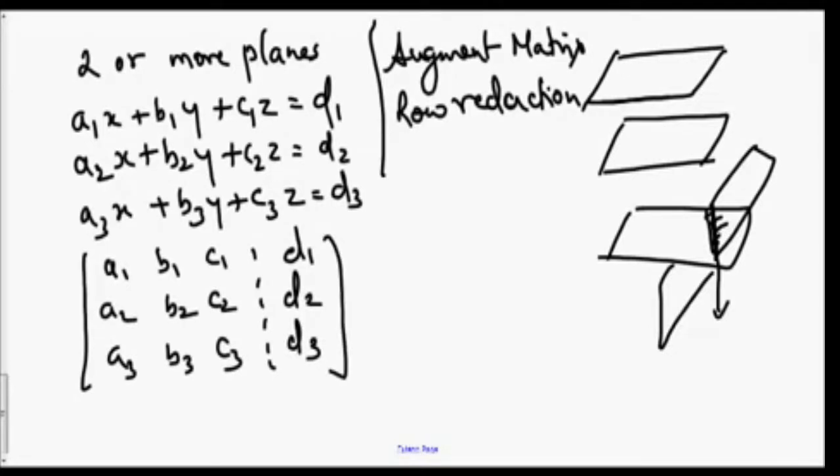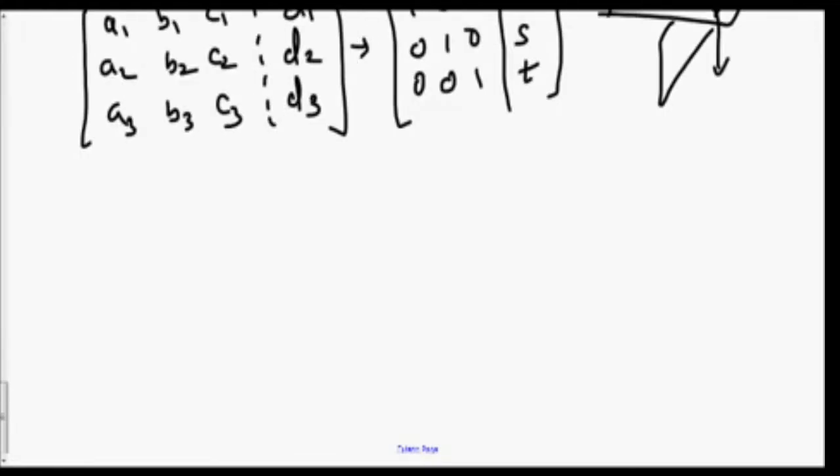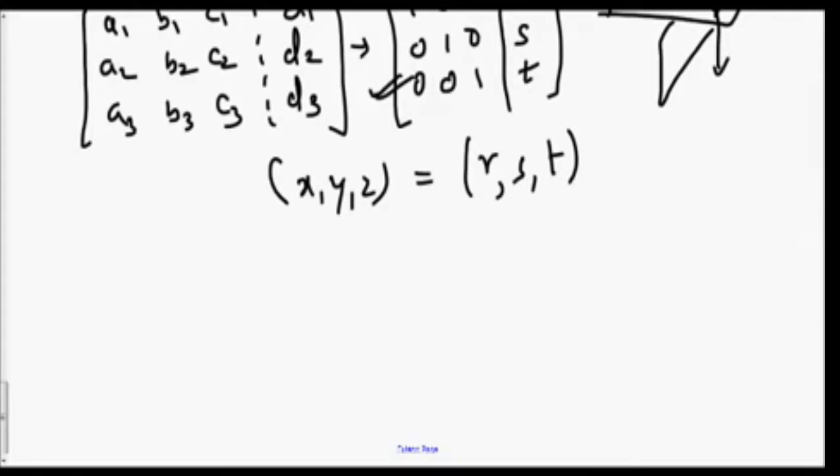And then you need to do the row reduction and you need to simplify to this format, and you might have some numbers like say R, S, and T. If it is in this form, 100, 010, 001 and R, S, T, then the point of intersection is nothing but the values which you get in the last column, R, S, T, if you are able to bring it to this format.